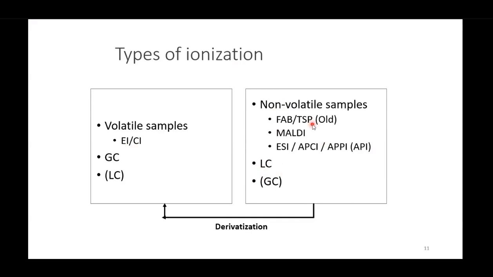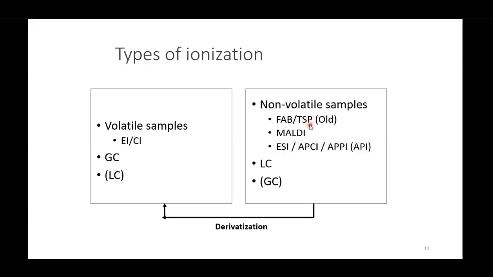Some of them are now outdated, and we use modern methods like electrospray ionization, atmospheric pressure chemical ionization, and atmospheric pressure photoionization, which in all are called atmospheric pressure ionization. So these three techniques are part of atmospheric pressure ionization. They are used today with LC, and LCMS success has come because of the atmospheric pressure ionization technique.